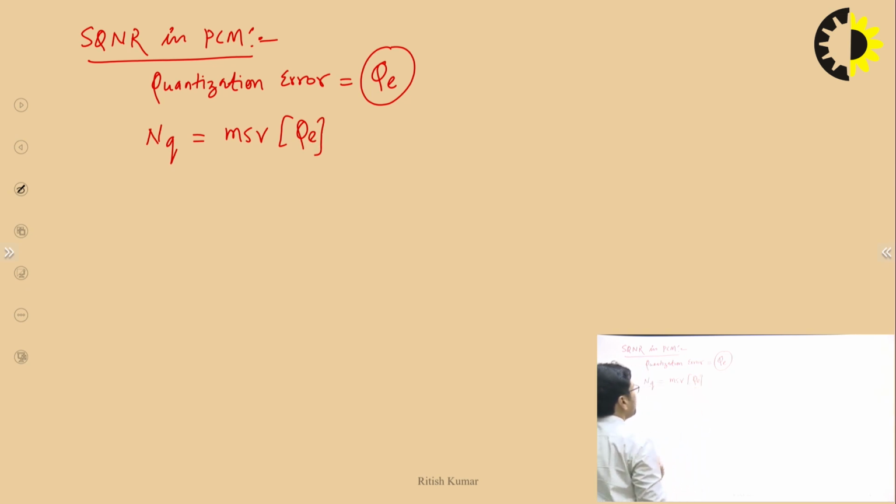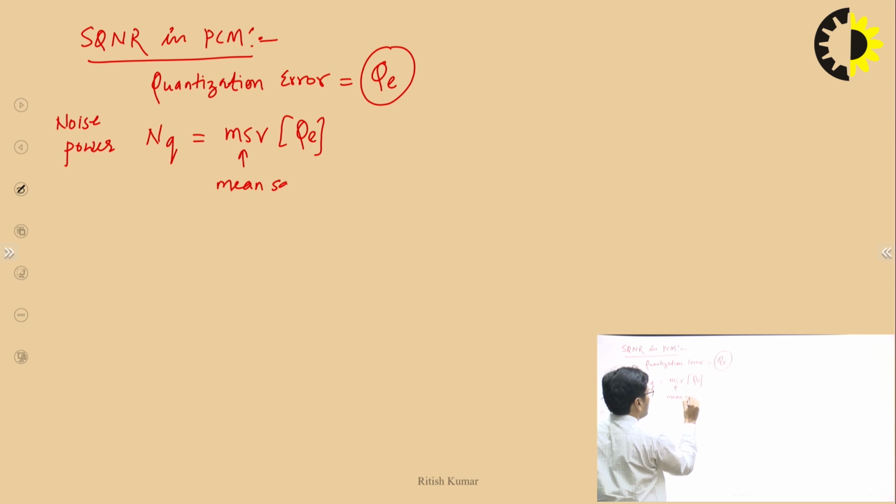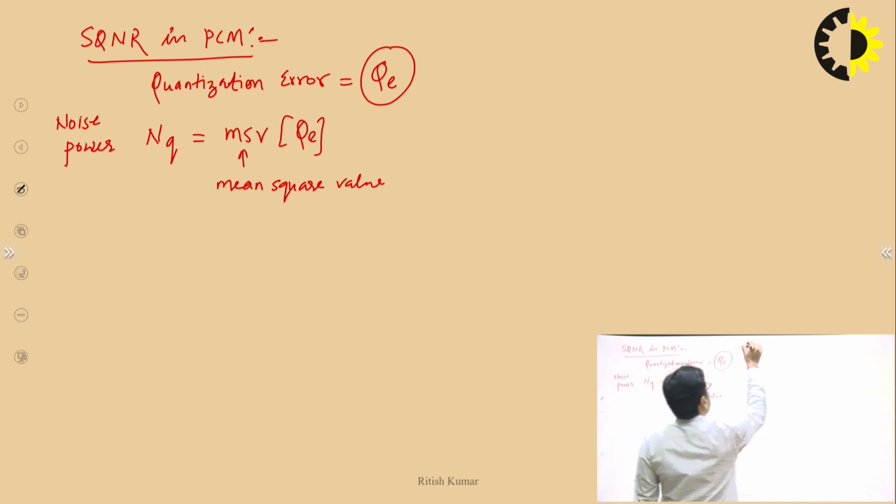If you have the power spectral density of QE, then you can calculate the mean noise power. This is the mean square value.